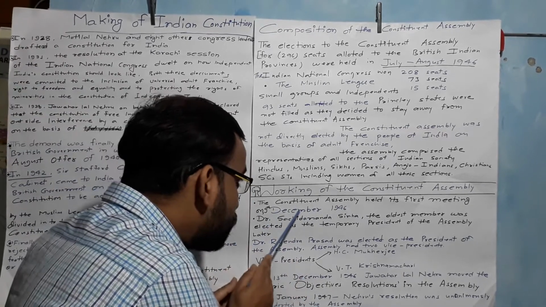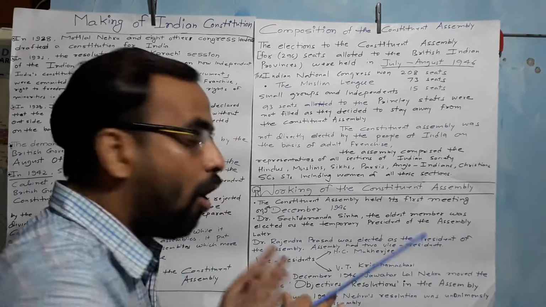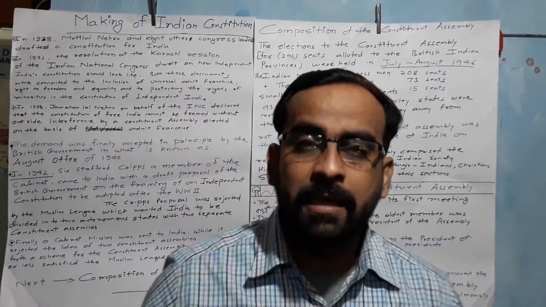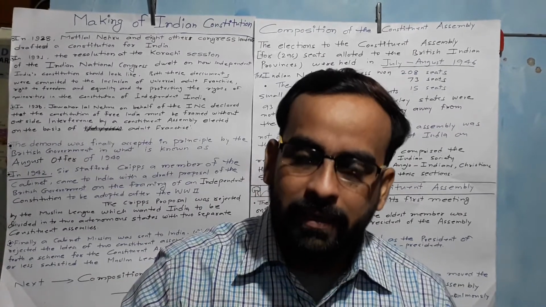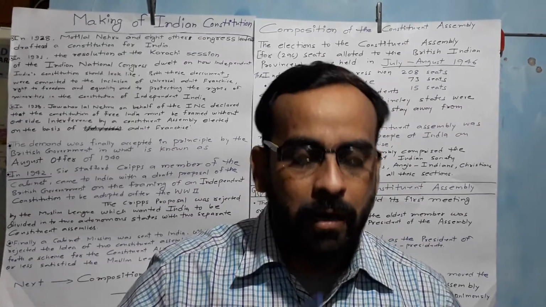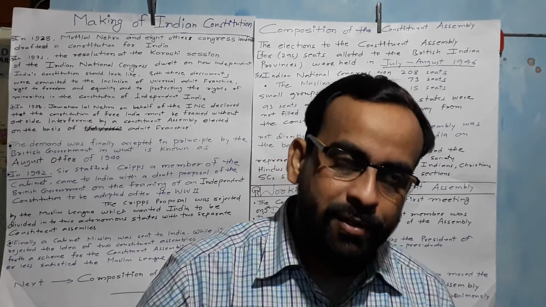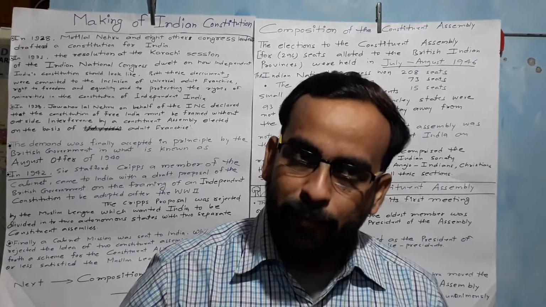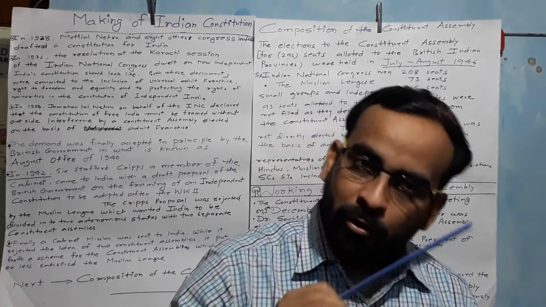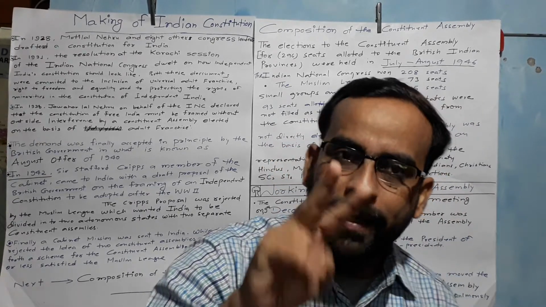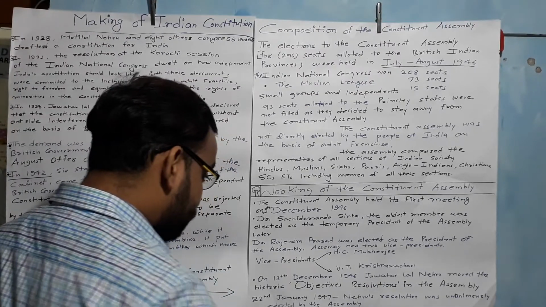Number 1, the Constituent Assembly held its first meeting on 9th December 1946. Dr. Sachidanand Sinha was temporarily elected president. Later, Dr. Rajendra Prasad was appointed as the first president of the Constituent Assembly. It had two vice presidents also, H.C. Mukherjee and V.T. Krishnamachari.